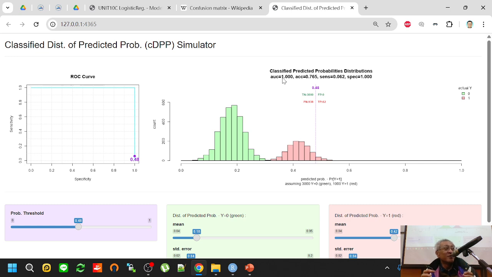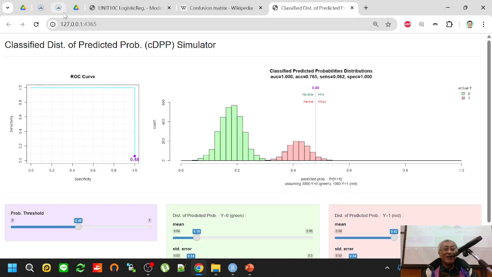So in modern business analytics, we prefer to use this AUC as our accuracy metric.